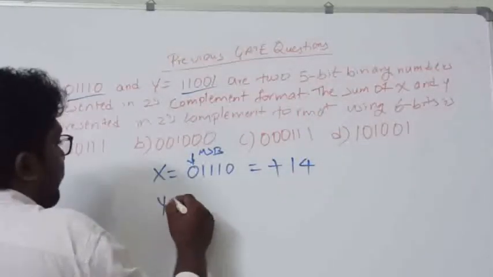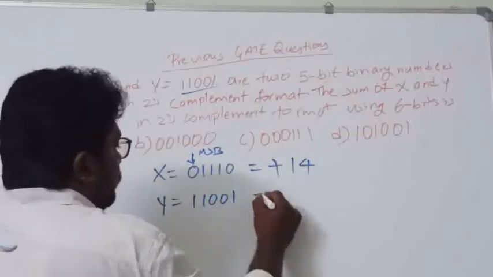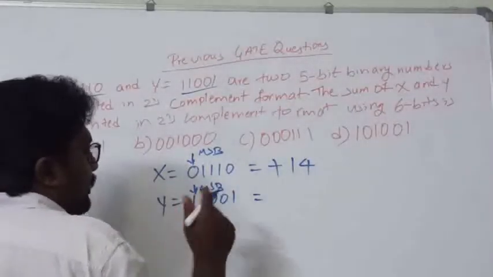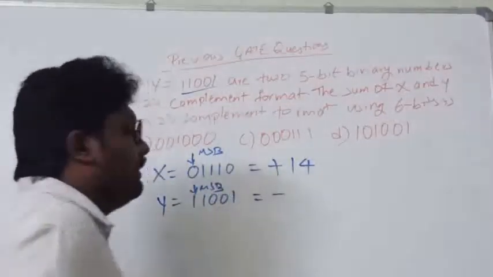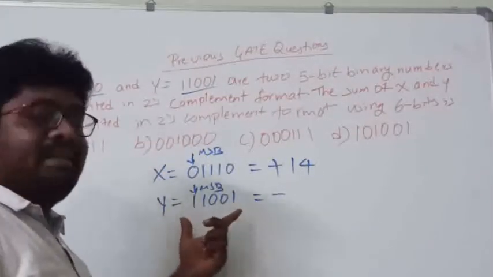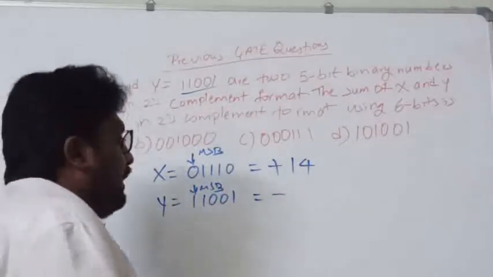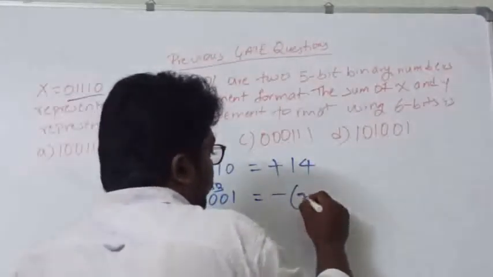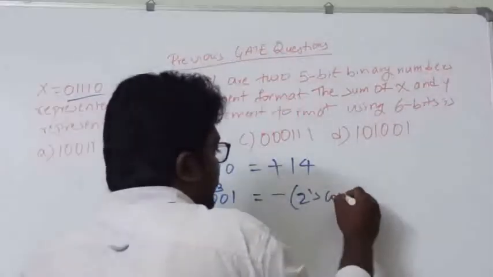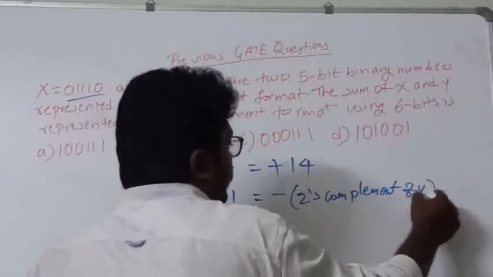So y is equal to 1 1 0 0 1. Here the MSB is 1, so the number is a negative number and it is in its 2's complement representation, right? So now we need to find the magnitude. Its sign is minus, so it is in the 2's complement of y.